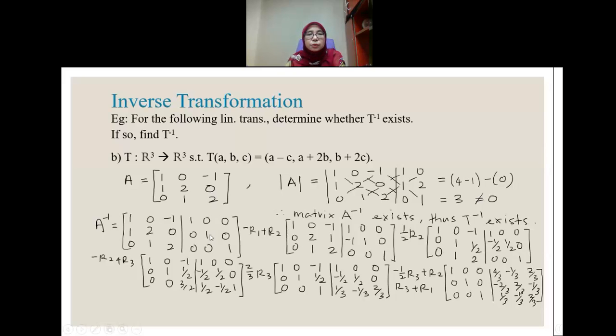Then you rearrange the end result; you should get the identity matrix on the left hand side, and the right hand side is the inverse of matrix A. Using row operations, you get this.